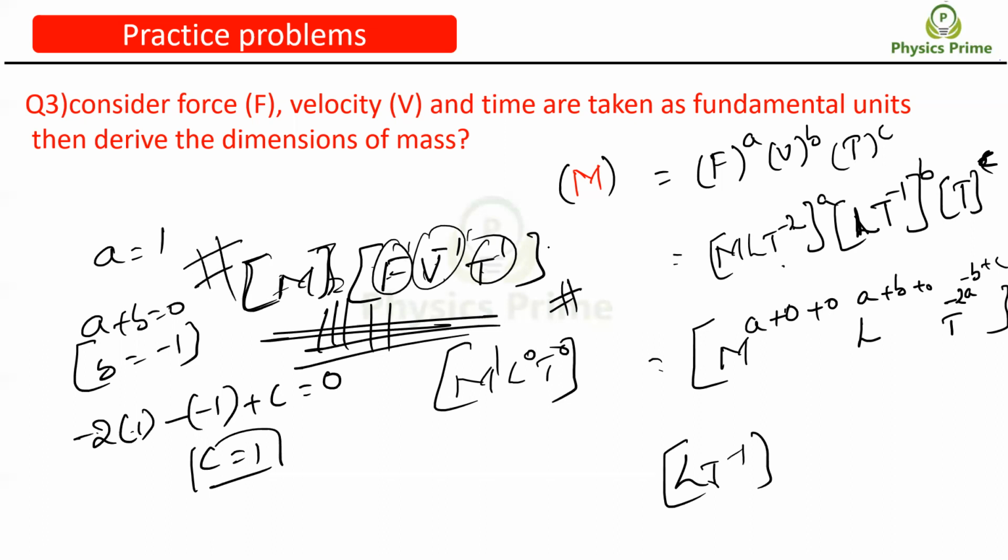If these are taken as fundamental quantities, mass can be represented as F power 1, V power minus 1, T power 1. This is a 5-star question, one of those asked in previous years.